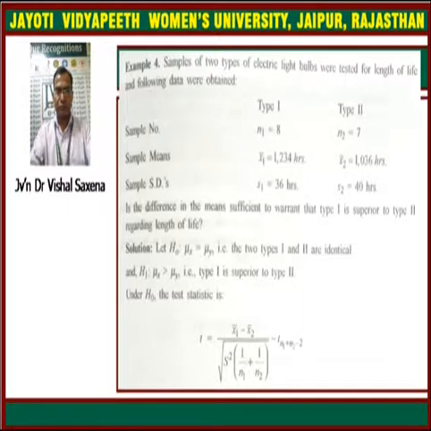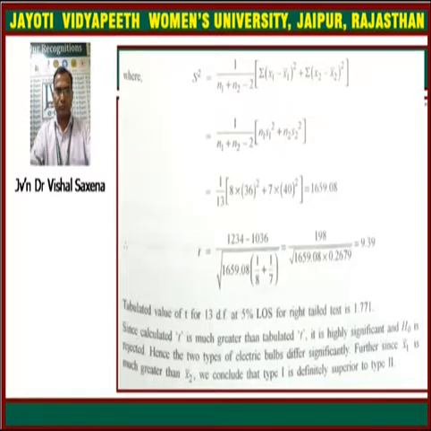Now we find the t statistic. t is given by x1 bar minus x2 bar upon under root s square into 1 upon n1 plus 1 upon n2. That is the formula for the t statistic, and first we have to find the standard deviation s by the formula of s square mentioned here.